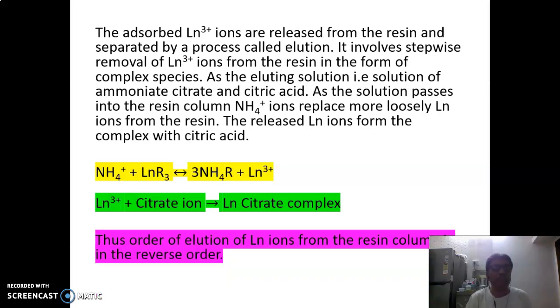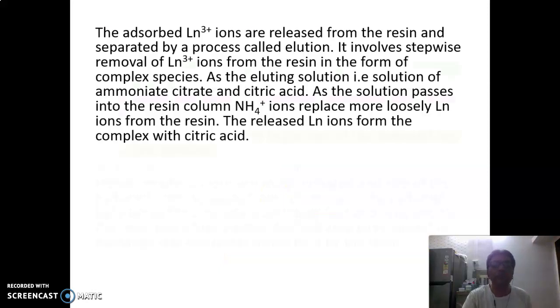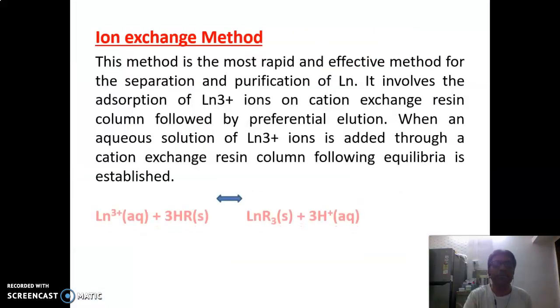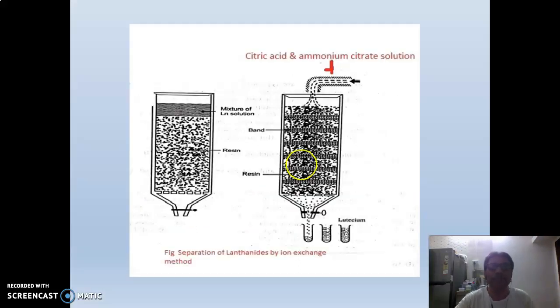At the top of the column the lanthanon citrate complex gets formed, and at the bottom of the resin column the complex of the lutetium ion gets formed. In this way the individual bands are created in the resin column. Let us once again show it in the diagram. You can see the individual bands are created here.